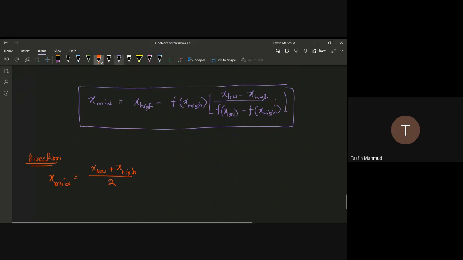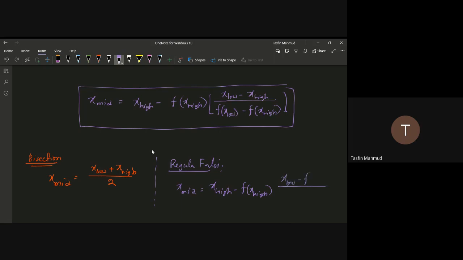But in case of Regula-Falsi, the false position method, the x mid has this formula: x high minus f of x high times x low minus x high divided by f of x low minus f of x high. Okay, that's the only difference. The rest of the steps are exactly the same.